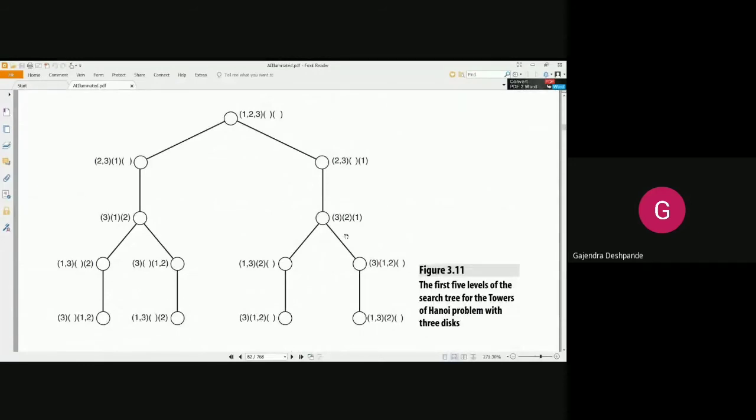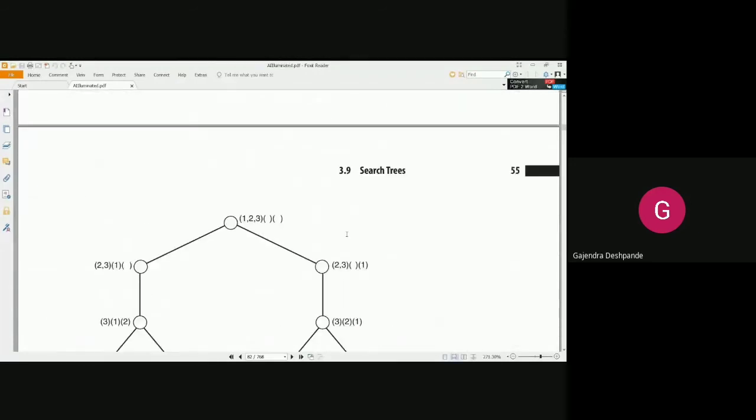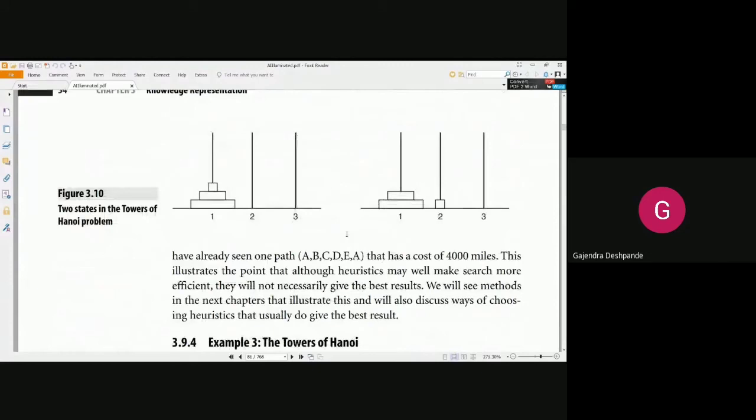Now, before discussing the tree structure, if you are not aware of Towers of Hanoi, then let's see this diagram again. You can see here that there are three poles, pole number 1, 2 and 3. On the left hand side, there are actually two diagrams shown. In pole number 1, we have three discs. Note here that the largest disc is at the bottom and the smallest disc is at the top.